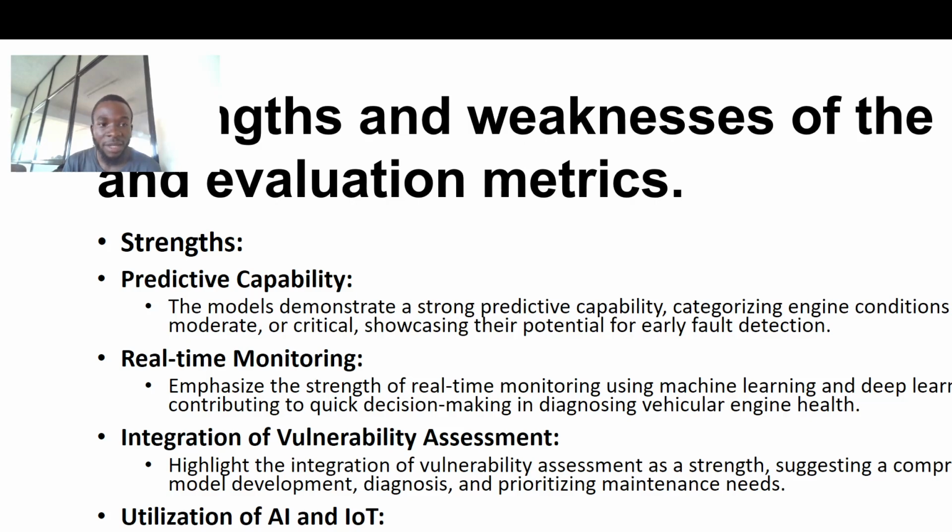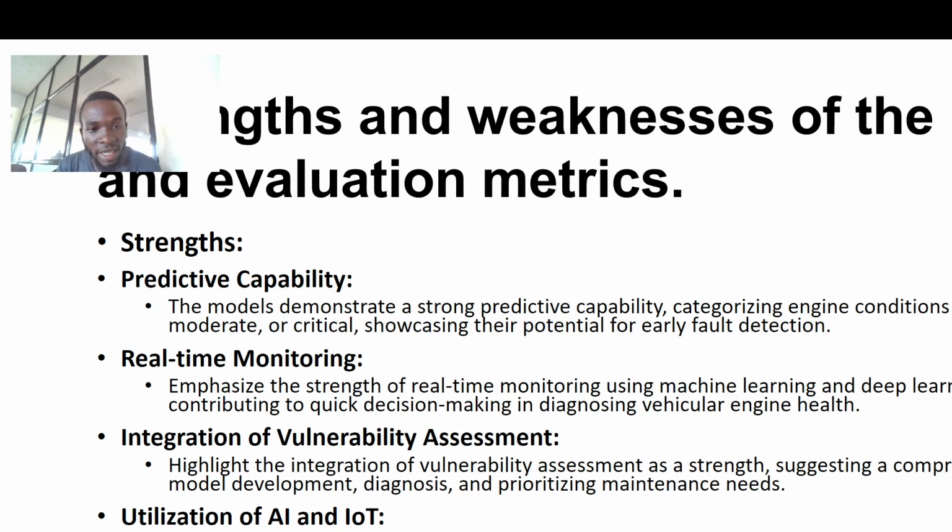Real-time monitoring, as I've been talking about: the model is able to monitor the vehicle engine in real time. Integration of vulnerability assessment: the model is able to look at the weaknesses of the engine in order to predict the health of the engine.